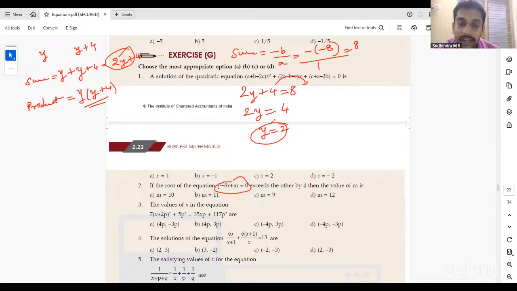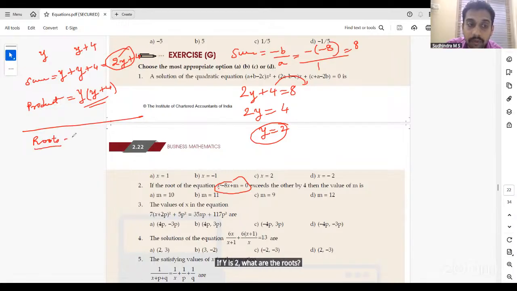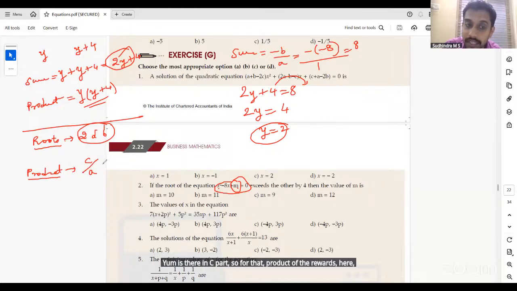Correct? Now, do we require y? The answer is no. If y is 2, what are the roots? 2 and y plus 4, 6. Excellent. 2 and 6 are the roots. We want m. M is there in the C part. So for that, product of the roots is C by A. What is the value of C?